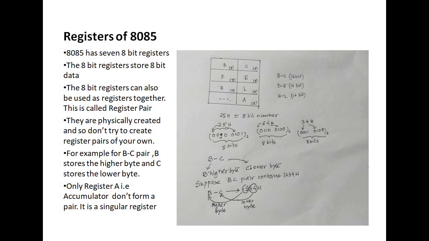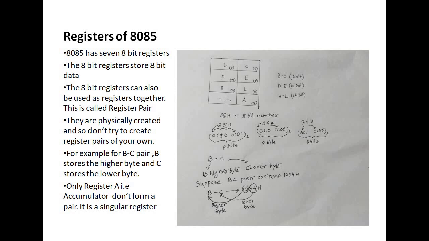Clear? So if we add A plus B, one of the operands, that is one of the 8-bit data, will get stored in register A, and after the addition the result is also stored in register A. Clear about the accumulator?